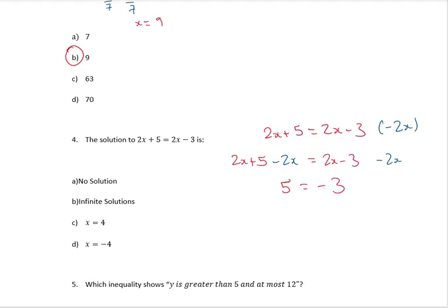I have 5 equals negative 3. Now this is not true at all. That means there's actually no solution. There's in fact no solution for this.